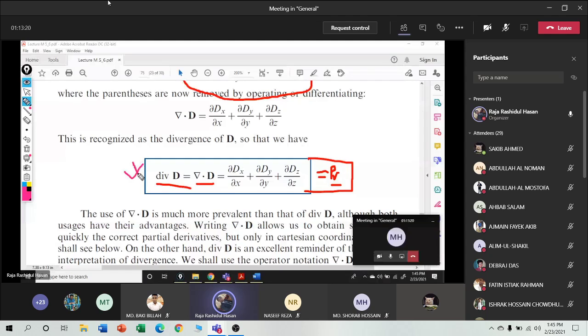This is another relation between the divergence operator and rho v.